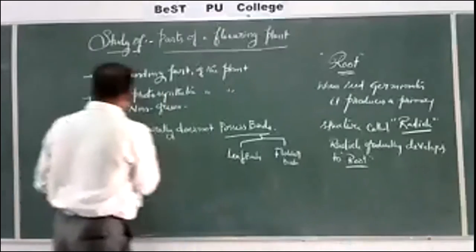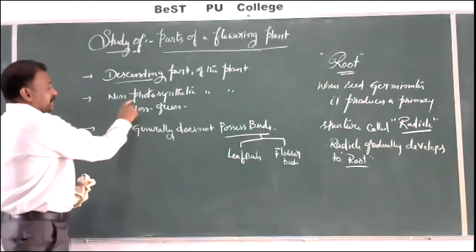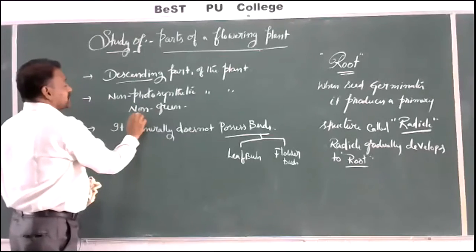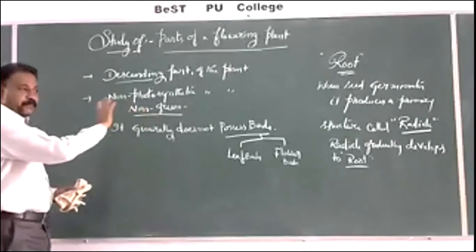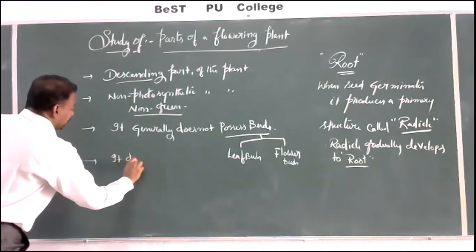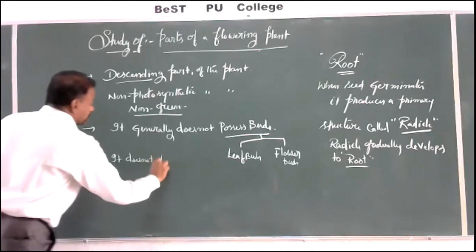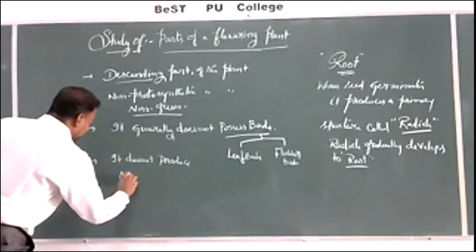So this sentence is clear. Descending means growing downwards. I repeat, non-photosynthetic means non-green, no photosynthesis. Generally, buds are absent. It does not produce nodes and internodes.